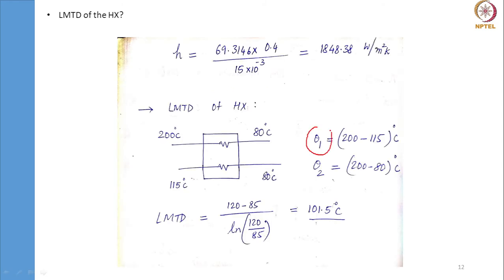So theta 1 is nothing but 200 minus 115 degrees Celsius. Theta 2 is nothing but 280 degrees Celsius. After finding out theta 1 and theta 2, LMTD is theta 1 minus theta 2 divided by logarithm of theta 1 by theta 2. So we end up with an LMTD of 104.5 degrees Celsius.